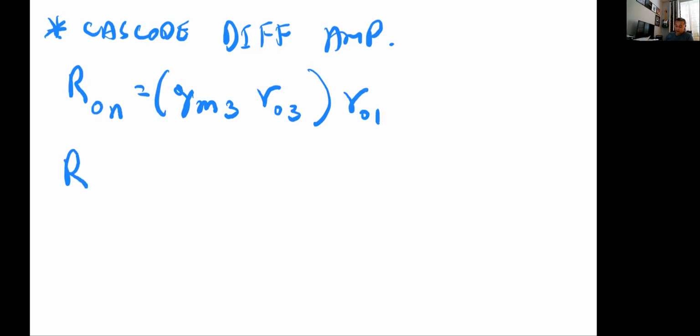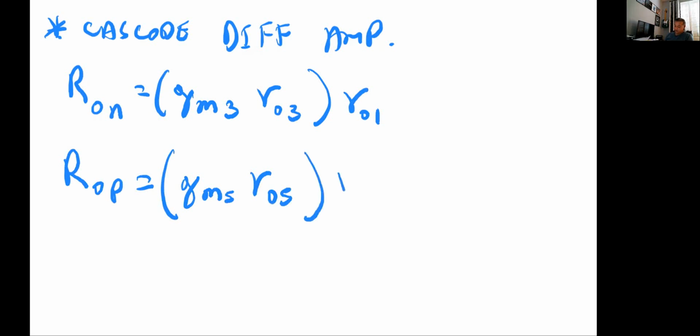And then the output resistance due to the P network is going to be gm5. And these numbers refer to the transistors in figure 9.13, the one we just saw, so you have to relate it to the figure. That's going to be times the output resistance of transistor 5 times the output resistance of transistor 7.